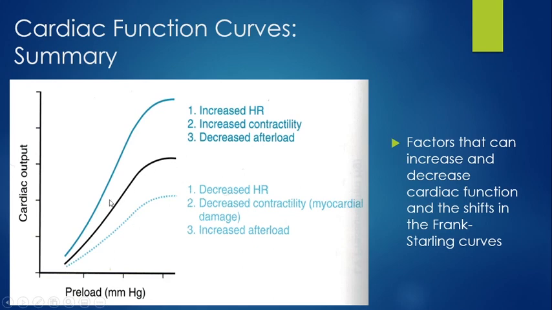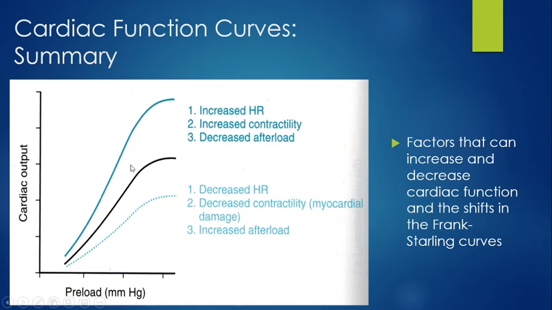If there's a decrease in preload, there's a decrease in stroke volume, therefore cardiac output as well. The opposite holds true. If there's an increase in preload, then there's an increase in stroke volume and cardiac output. For a given preload, an increase in contractility increases cardiac output due to the increase in stroke volume. A decreased contractility would then decrease stroke volume and cardiac output.